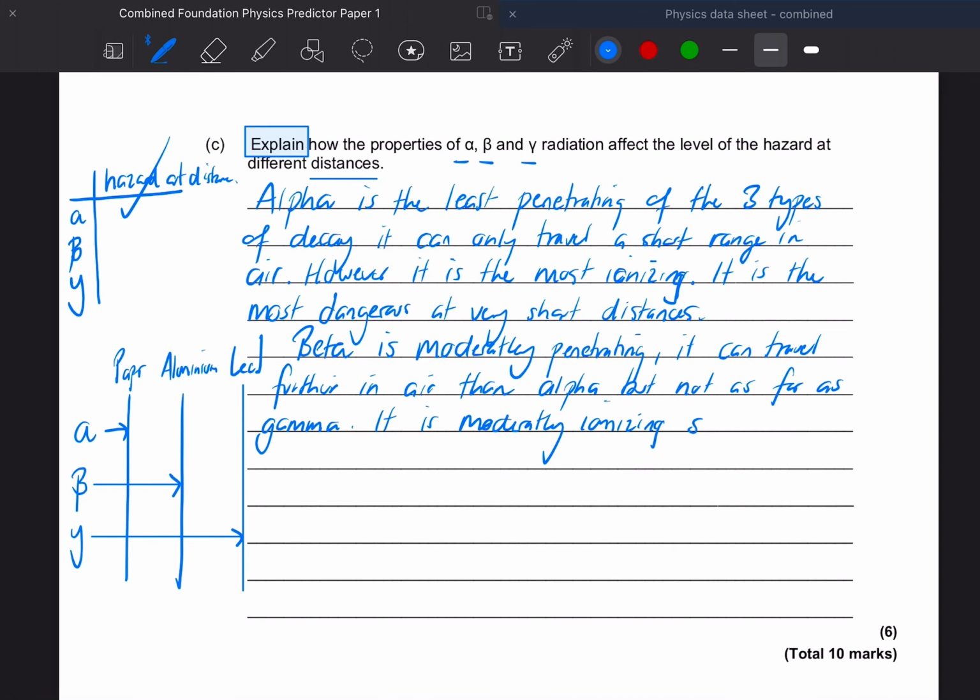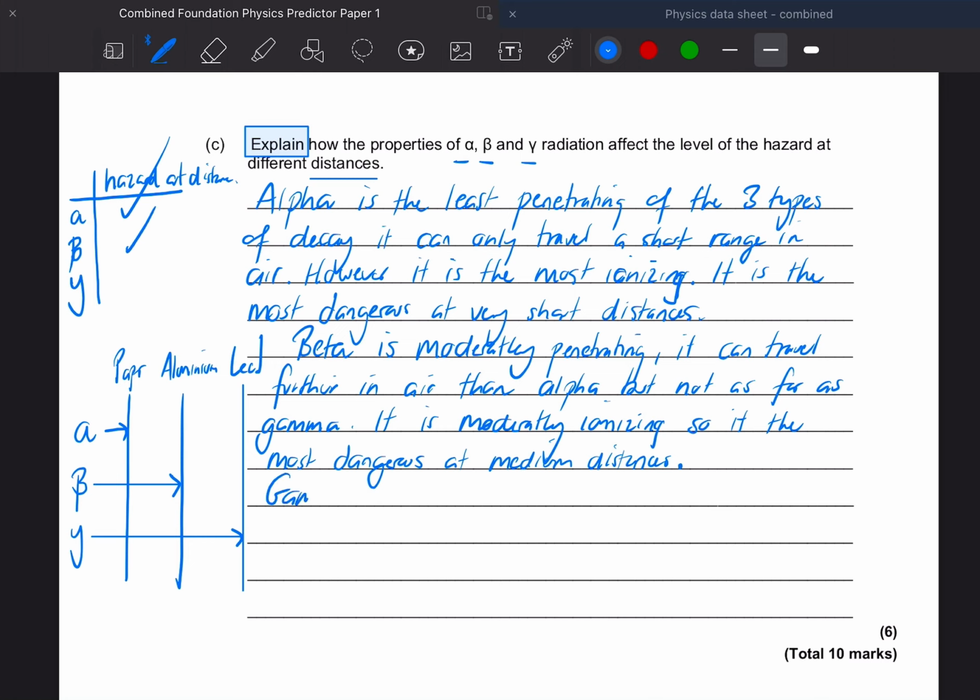It's moderately ionizing, so it is the most dangerous at medium distances. Like distances where the alpha would not have been able to penetrate, but the beta would, and the gamma would.